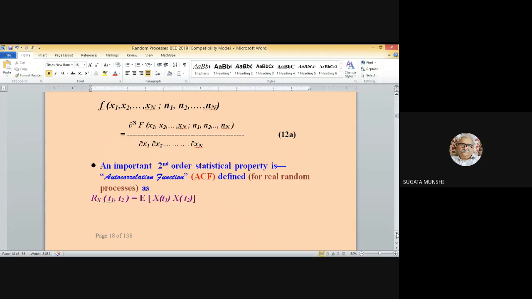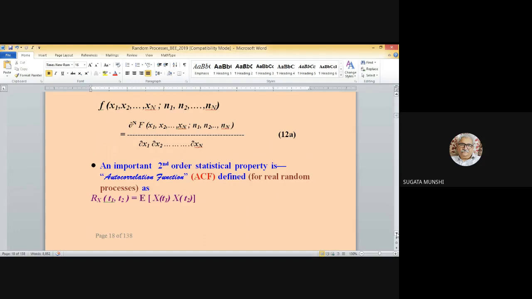It is represented in this way: capital R with subscript x with arguments T1 and T2. It is the expectation of the product of X(t1) and X(t2). That has been written under the assumption that the random processes are real.